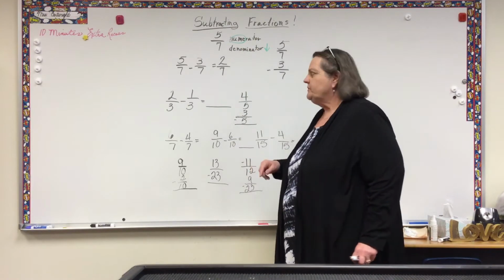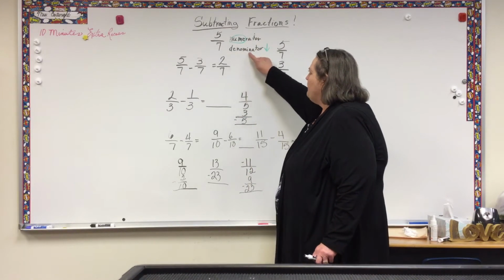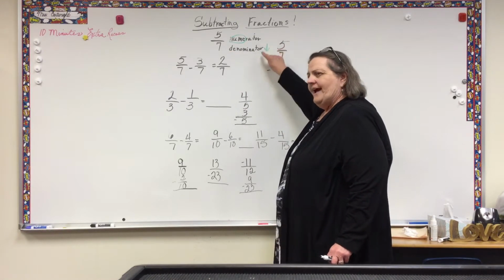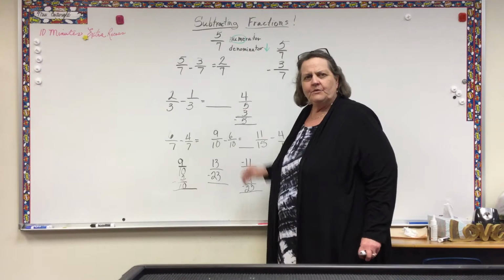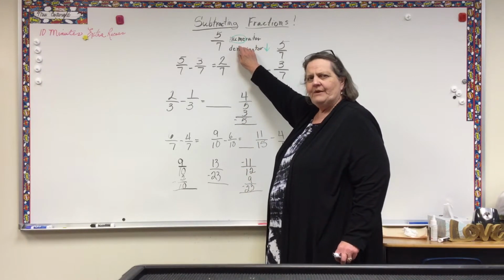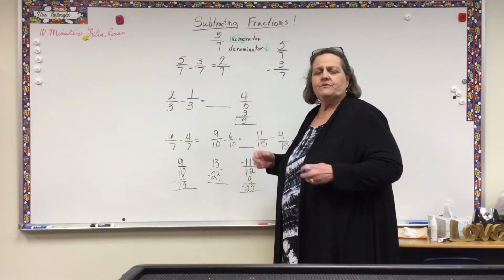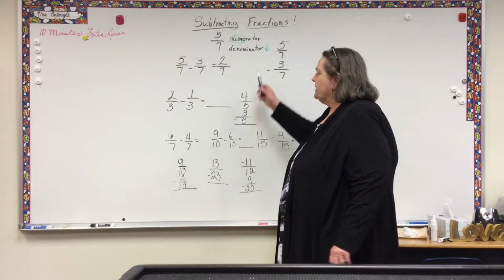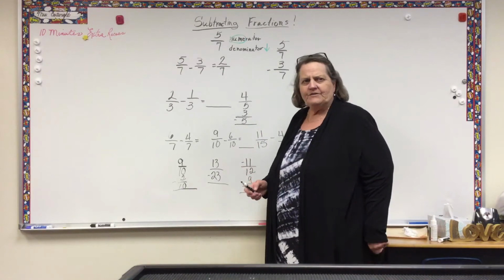Remember that denominator starts with the D. Think of the word down, it's on the bottom, okay? Numerator has the word number in it, and those numbers are the ones we're going to use to do subtracting with fractions.